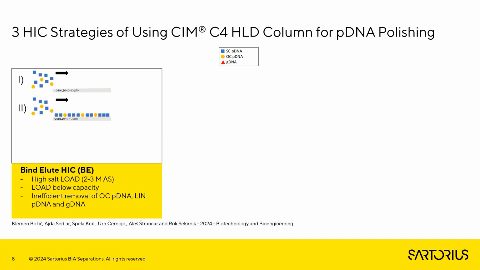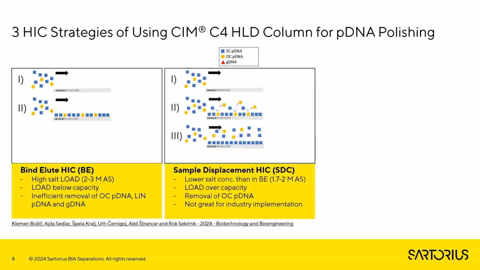Unfortunately, this approach is not able to completely remove open circular, so there is some coelution of open circular and also of linear plasmid and genomic DNA. We see at the beginning that linear species are very similar to the target molecule regarding hydrophobicity.